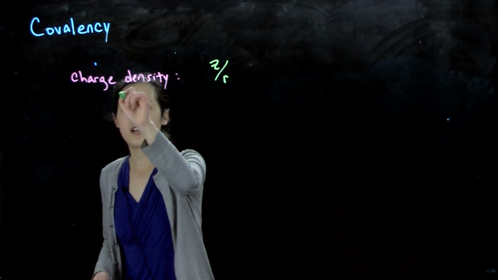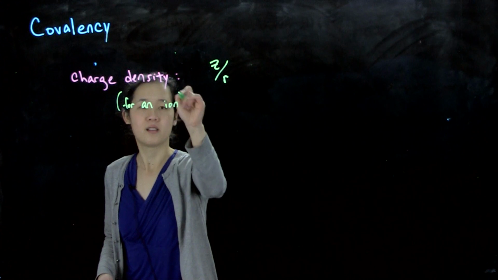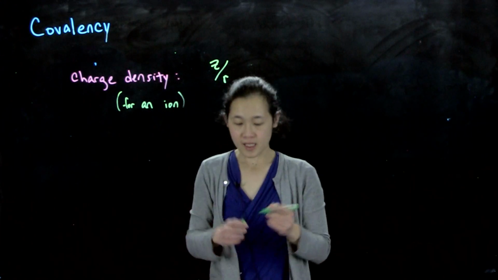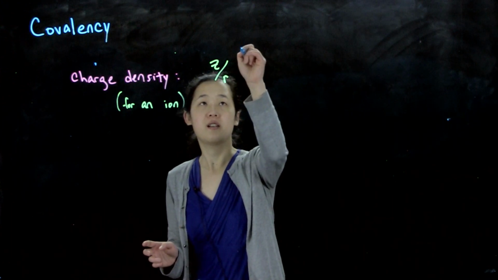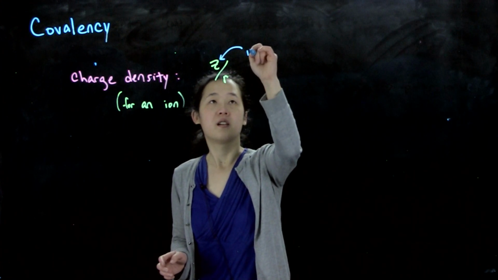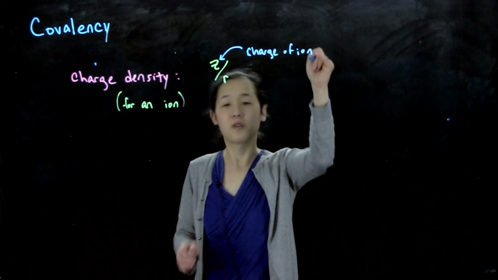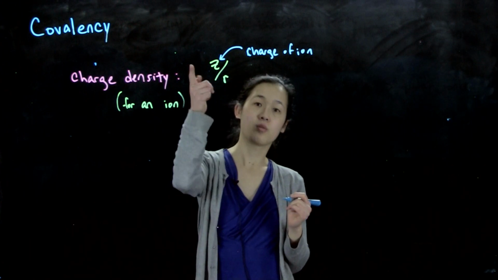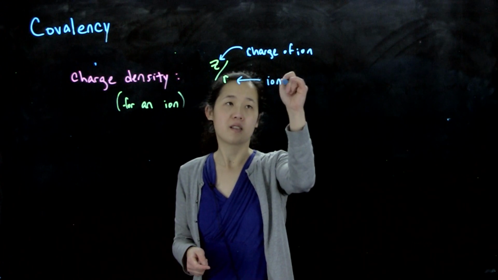Here, z is no longer big Z, which was the nuclear charge. We're talking about little z, which is the charge of the ion. So for example, sodium plus is z equals +1, and r here would be the ionic radius.